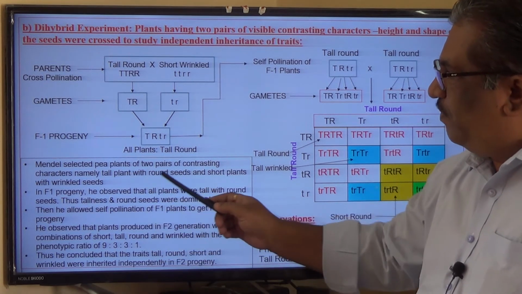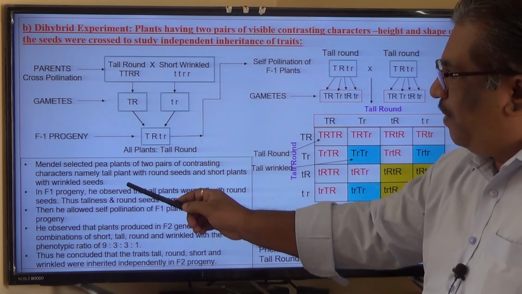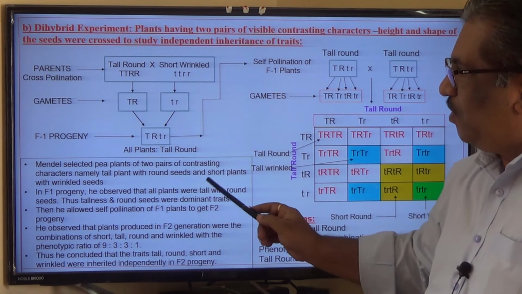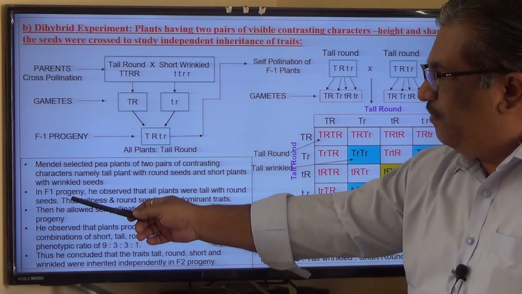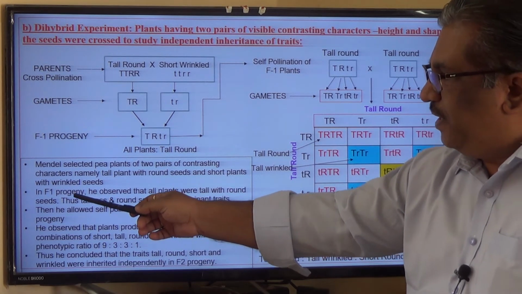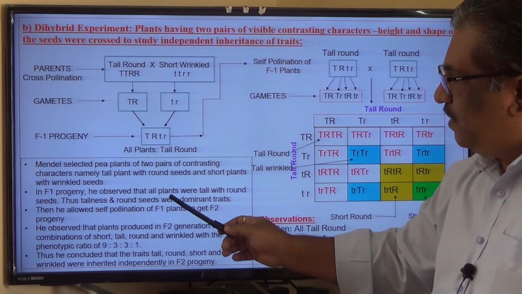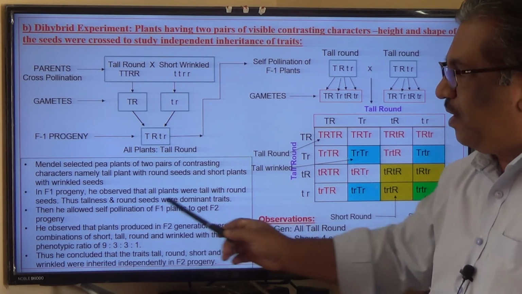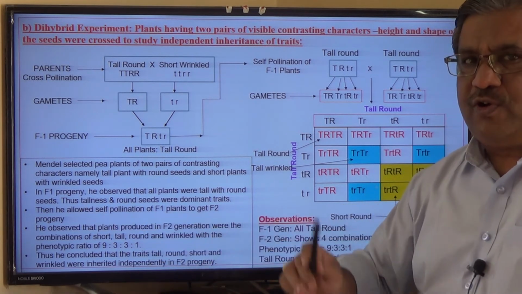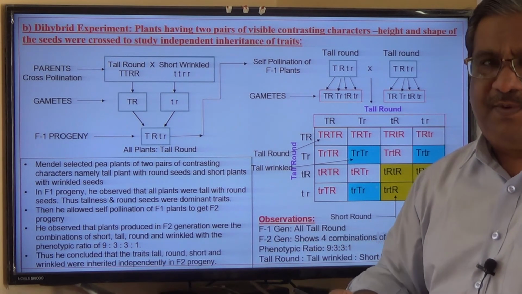So when the pea plants with tall plants with round seeds and short plants with wrinkled seeds were crossed, in the first progeny, that is first generation, in F1 progeny, he observed that all the plants were tall with round seeds. No short and wrinkled plants were observed.